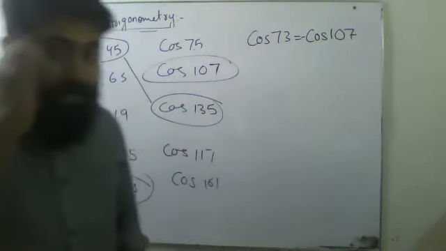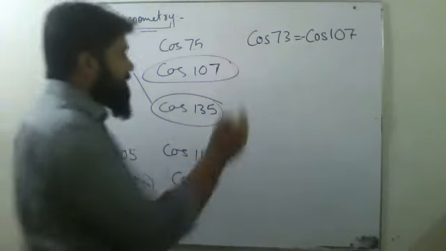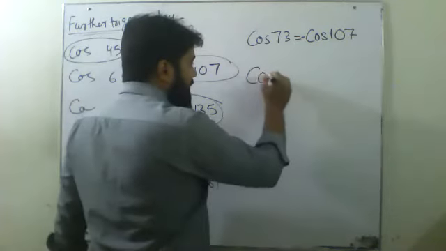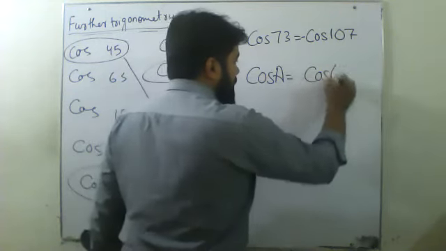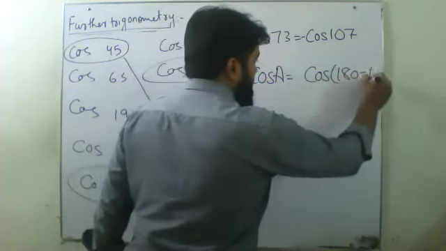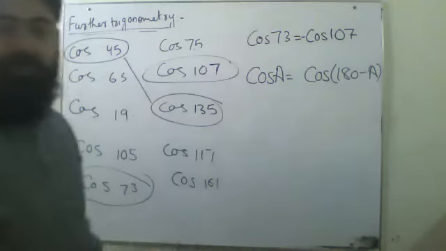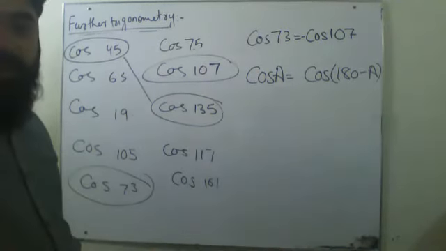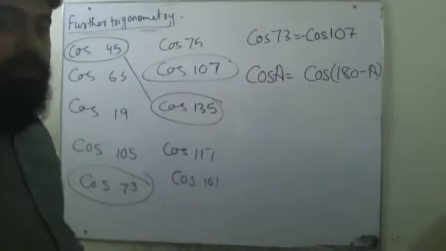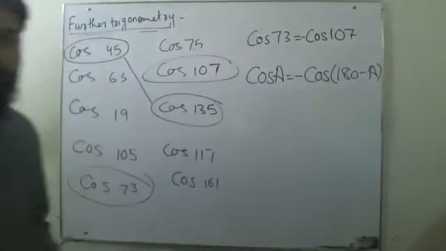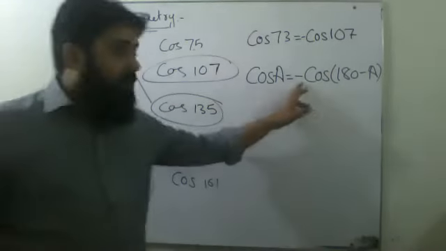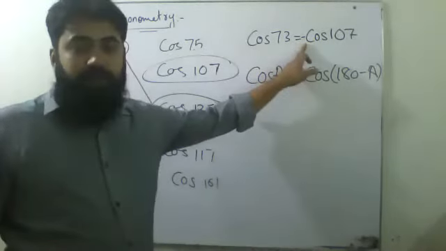So always remember that for cos, the general equation will be cos A equals minus cos 180 minus A. I put a minus sign over here, and it is not necessary that the minus sign should be written over here.